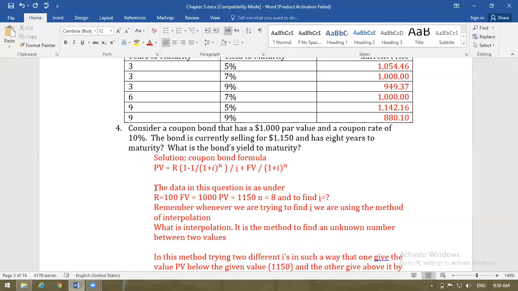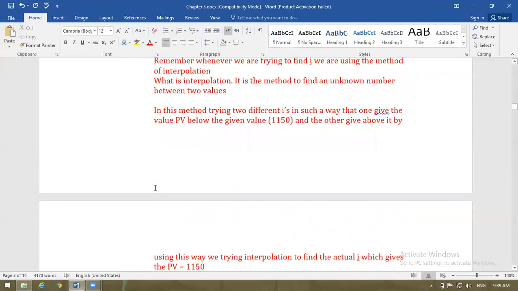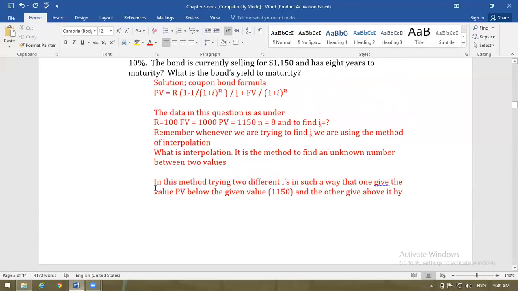In this method, we will try two different interest rates. As we know the present value of this bond is 1150, we will find one interest rate which gives a present value below 1150 and a second interest rate which gives a value above 1150.